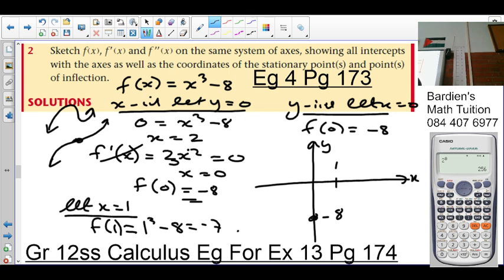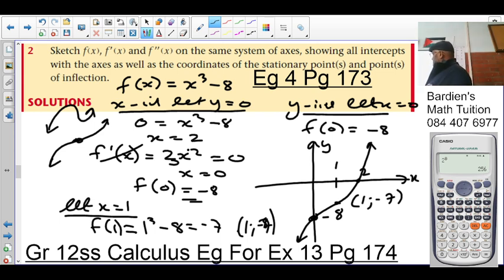And if x is 1, y is negative 7. And it's going through 2 and 0, which is there. So this is where the point of inflection occurs. So that part of the graph gets drawn, and then that is going to be 1 and -7. This is coming from that value there. Okay. So this is your f of x graph.